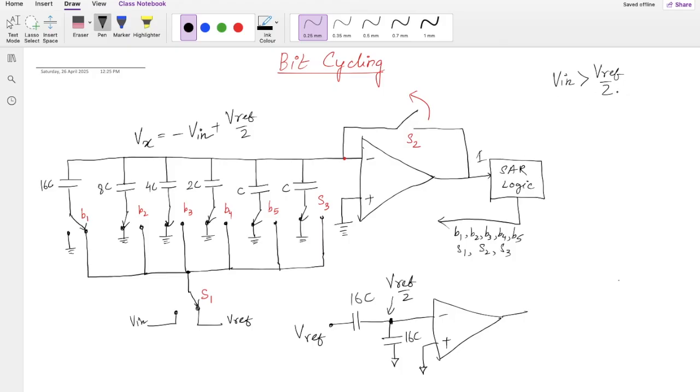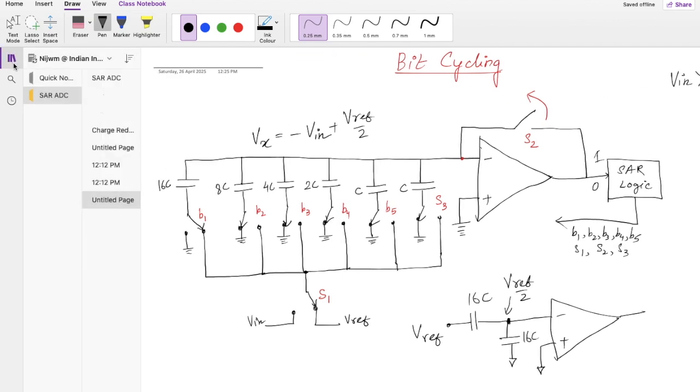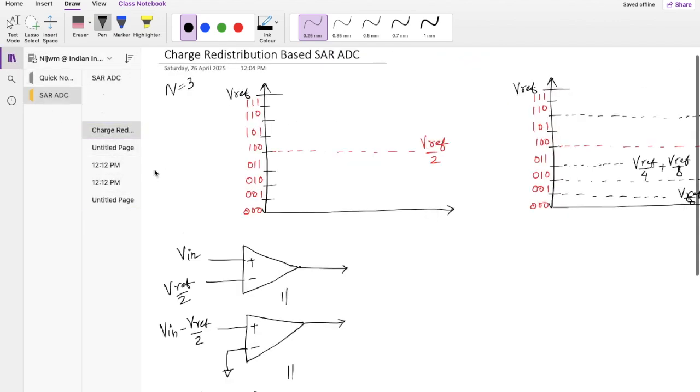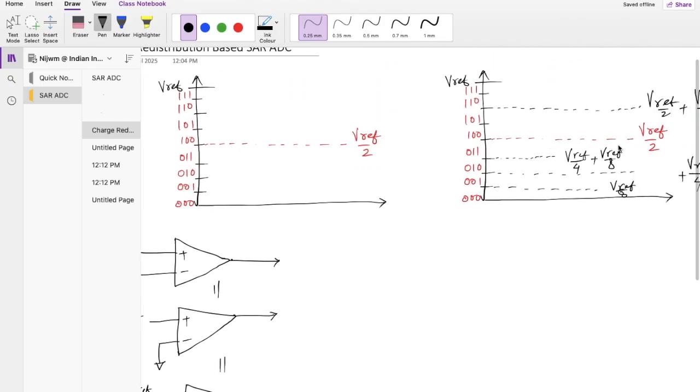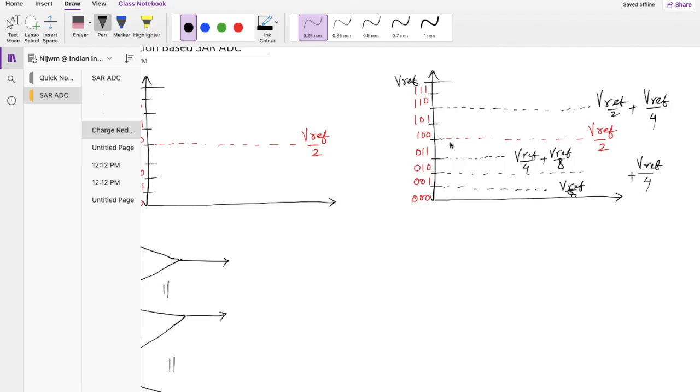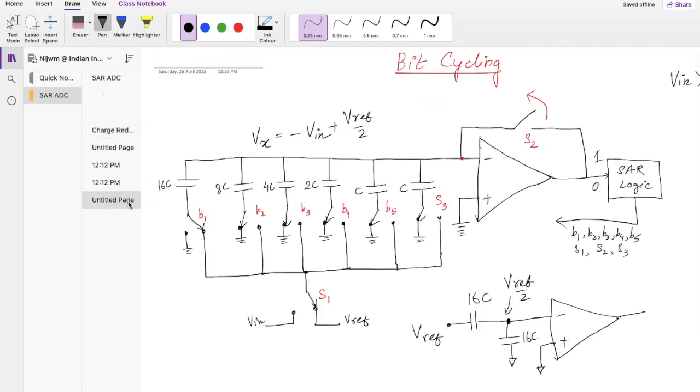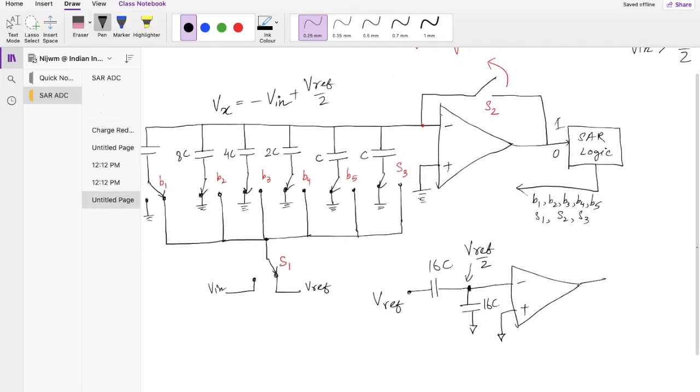If Vin is greater than Vref by 2, this becomes 1, whereas if Vin is less than Vref by 2, this becomes 0. So we are basically doing the first comparison of the SAR ADC, making the basic comparison with Vref by 2. So this is the bit cycling stage.